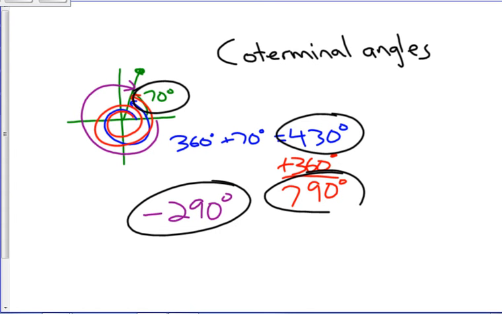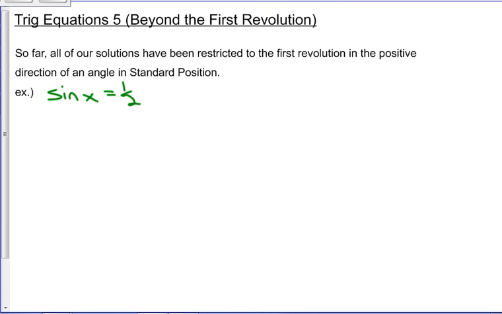So if we take that idea with our trigonometric equations, it turns out that sine x has a few more solutions than we might originally have thought. I'll go through the process really fast here. Theta ref would be, we'll do this in degrees, 30 degrees. It would be in quadrants 2 and 3.